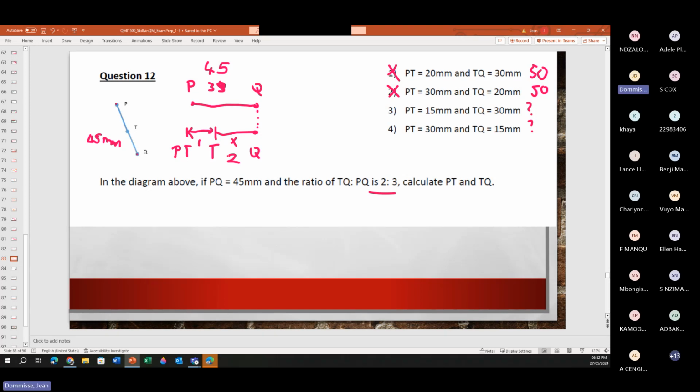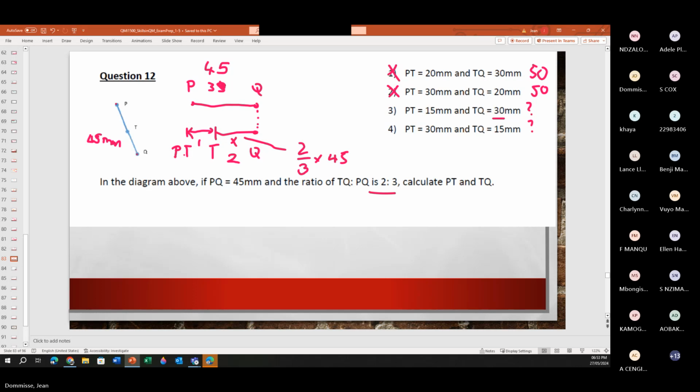So TQ is 2 divided by 3 times 45. So TQ is 50. That's the longer one.